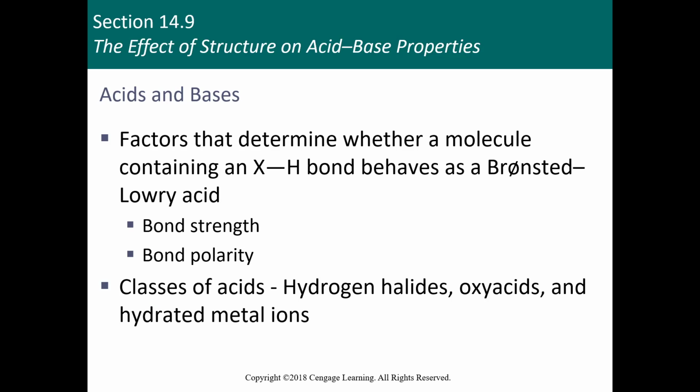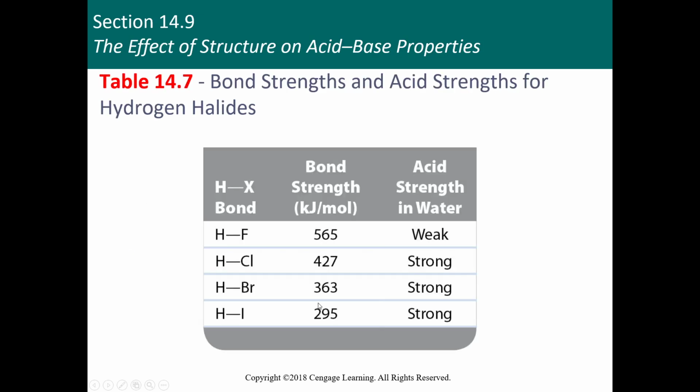All right, so the factors that determine whether a molecule contains an X-H bond and behaves as a Bronsted-Lowry acid are going to be the bond strength and the bond polarity. And so your classes of acids, your hydrogen halides, oxyacids, hydrated metal ions, these are all based on these same factors, the bond strength, the bond polarity.